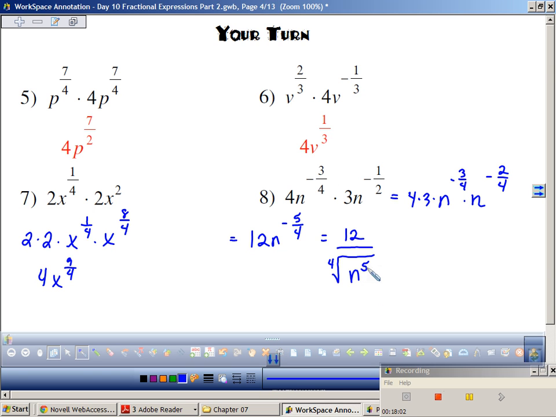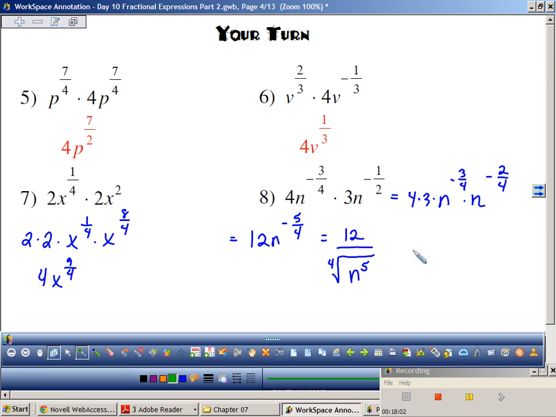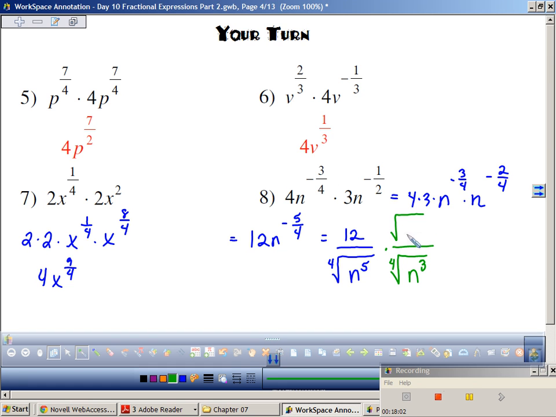How many more n's would I need before I've got n to something that is divisible by 4? I need 3 more. So I'm going to multiply by n cubed to the 4th root.